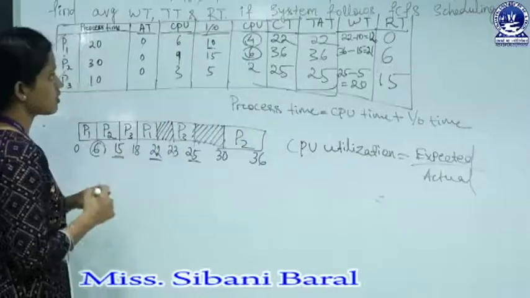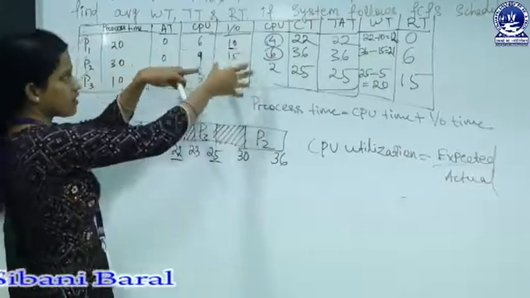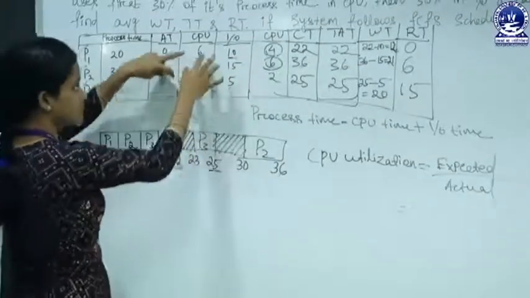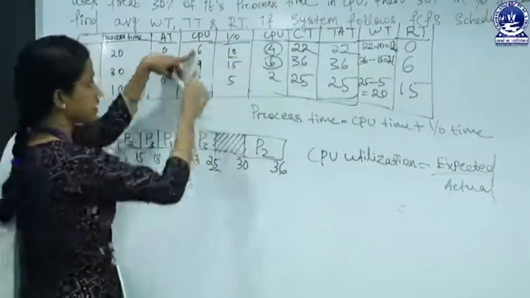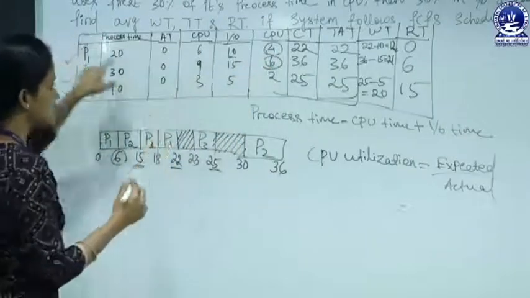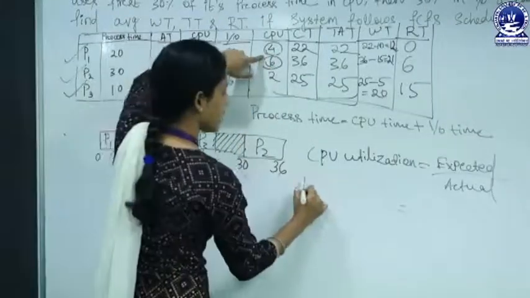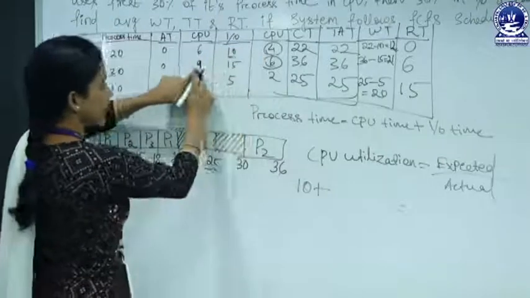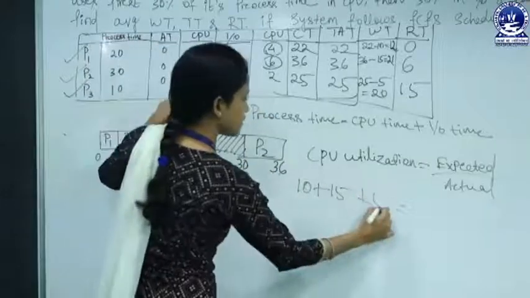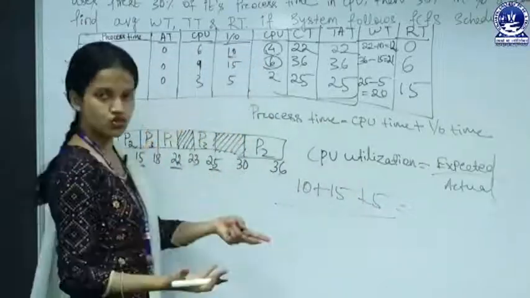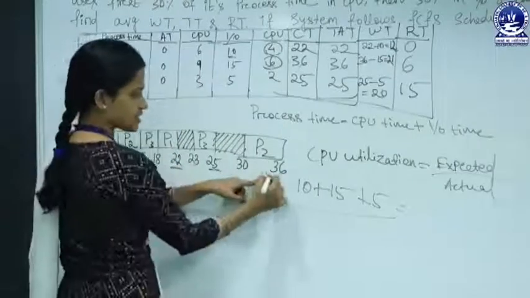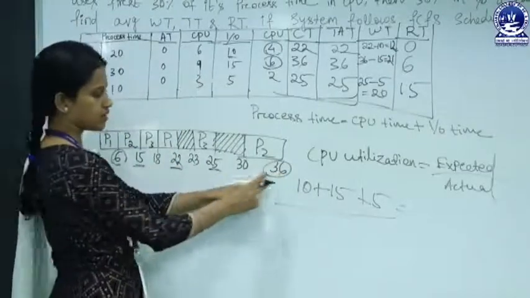Expected means we cannot take the IO operation, IO request. We just take only the CPU burst time: for P1, 6 plus 4, that is 10, plus 9 plus 6, that is 15, plus 3 plus 2, that is 5, divided by the actual time that it has taken, that is 36, final.